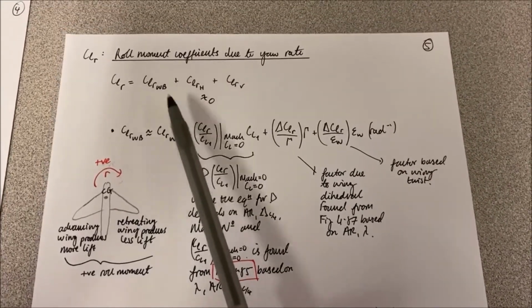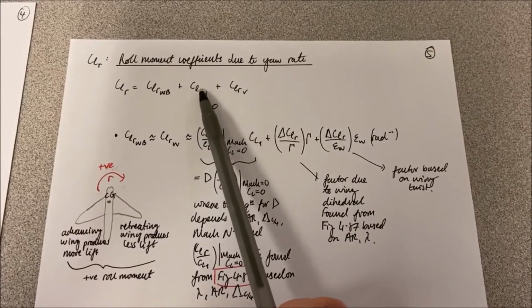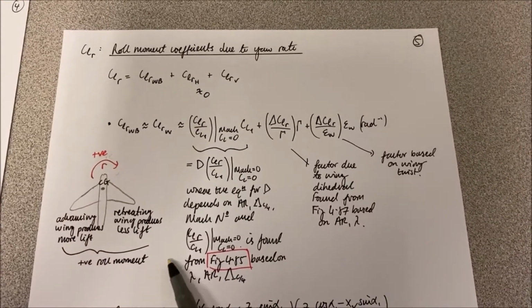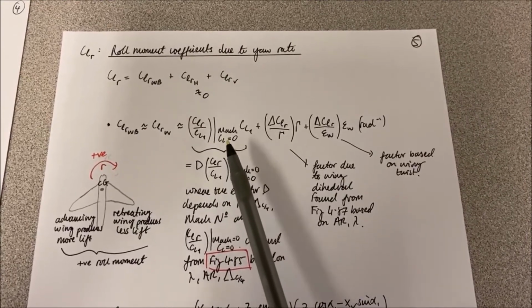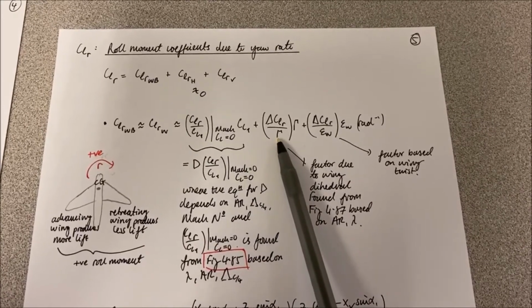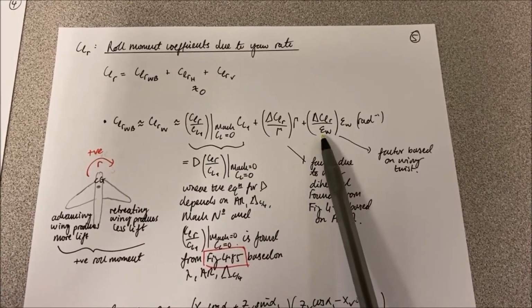Again, we split this coefficient into 3 parts. The horizontal tail we again assume is going to be negligible, and we consider all of these parts, some that are due to the wing dihedral, some that are due to the wing twist.